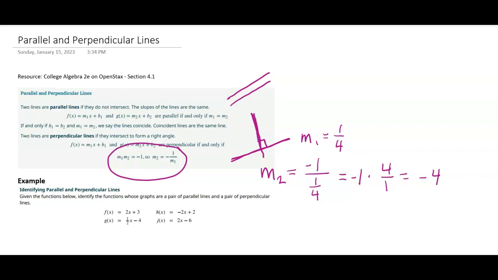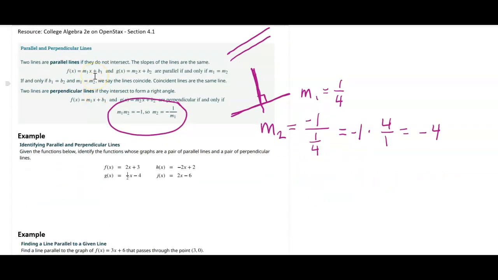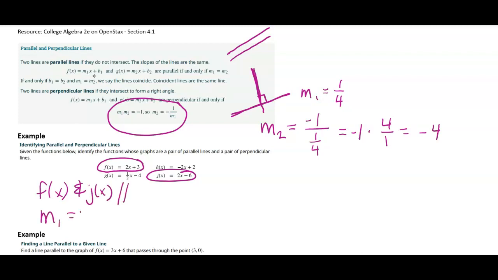So let's look at this example and apply those two definitions. I can look at this and see that f of x and j of x will be parallel because m1 equals m2 equals 2.